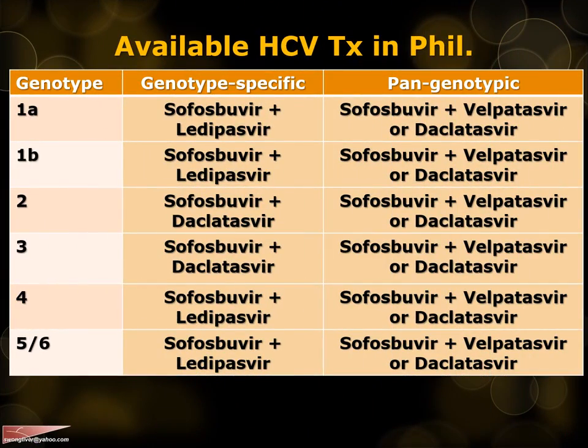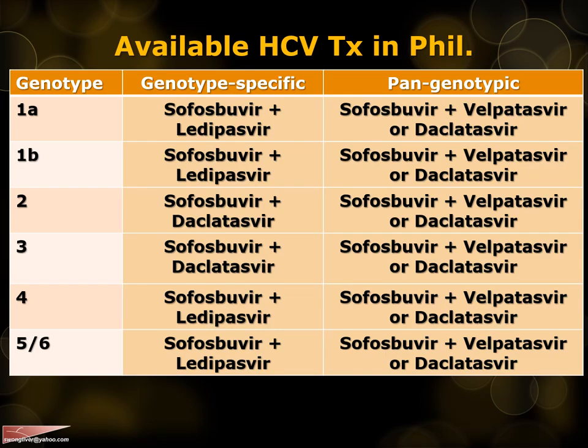So available treatment options in the Philippines. Well, if you look at your book, it still has a long discussion about PEG interferon treatment for hepatitis C. Nowadays, that will only be for historical context.